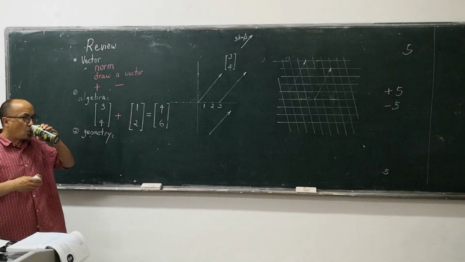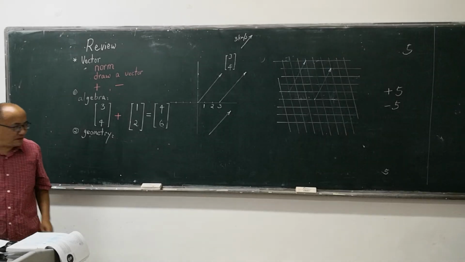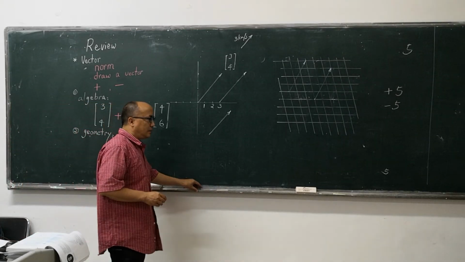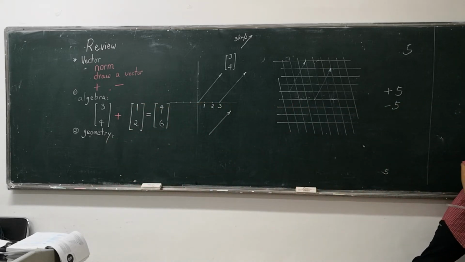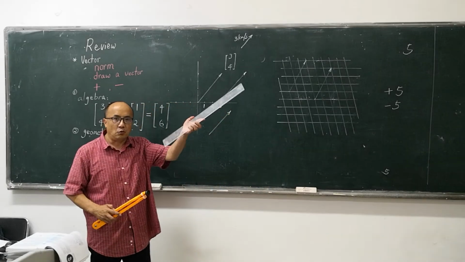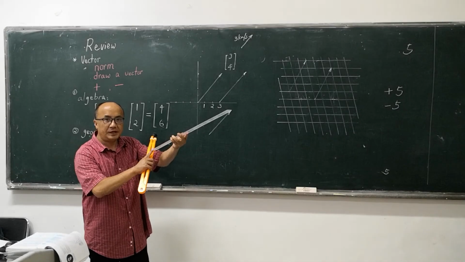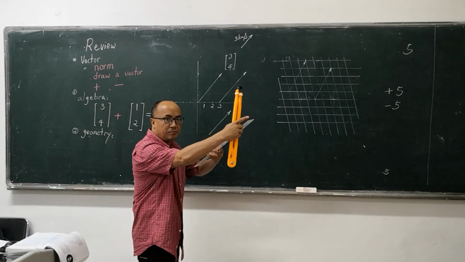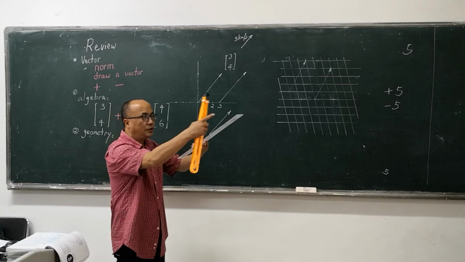Geometric way of addition of vectors. Addition of two vectors, like this is the first vector A, okay? From here to here, we moved, from here to here.